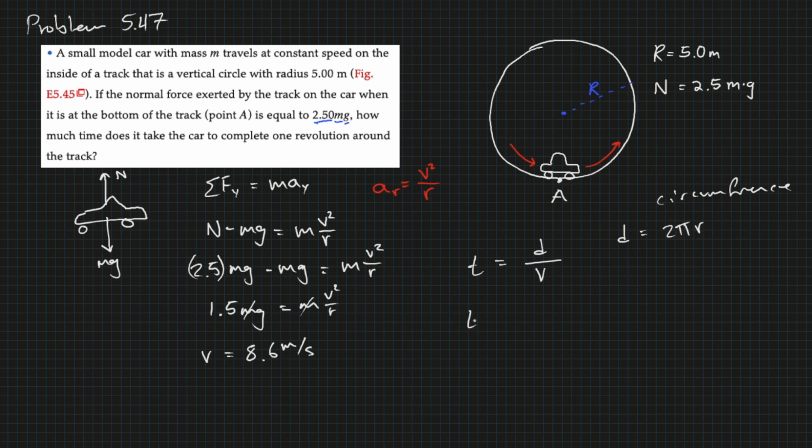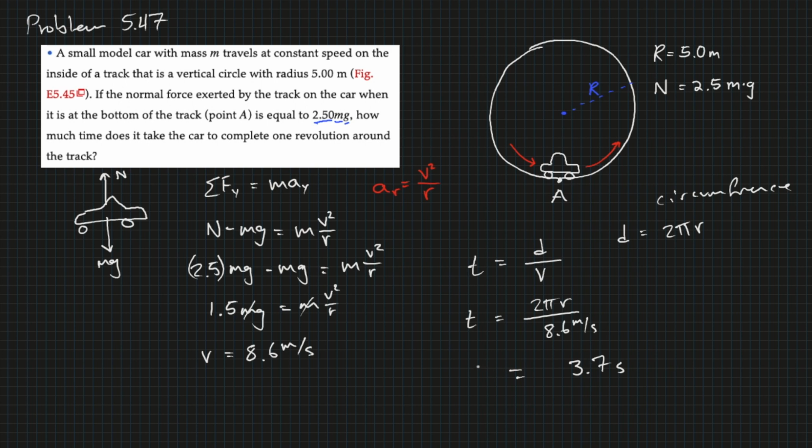So plugging that in real quick, the time that it takes to travel the entire circle, or one revolution around the circle, is going to be 2 pi r divided by the velocity, which is, we just said, 8.6 meters per second. So I plug in my value for r, and I get the time is equal to 3.7 seconds.